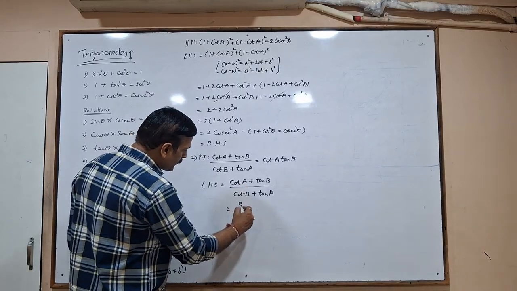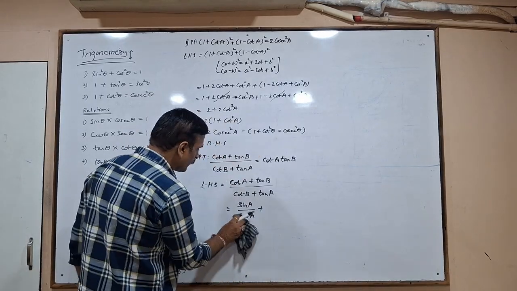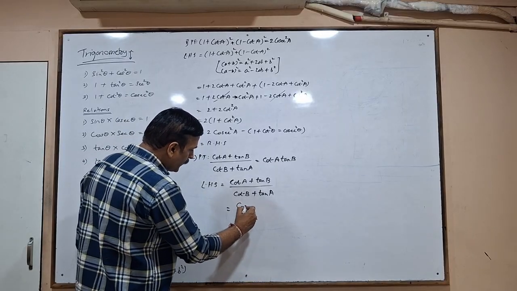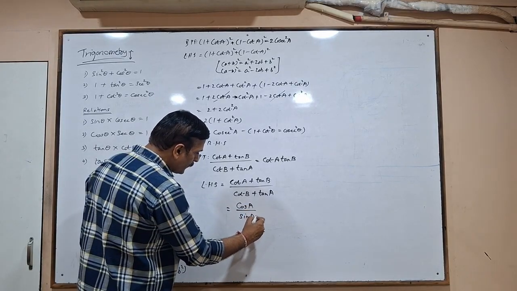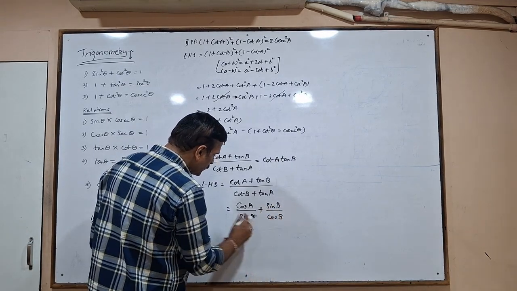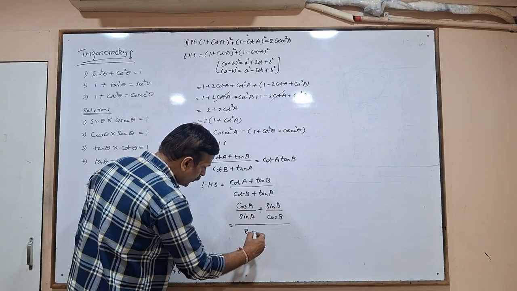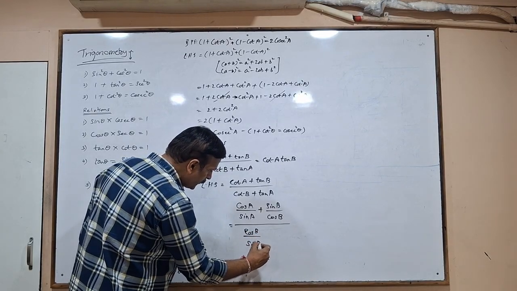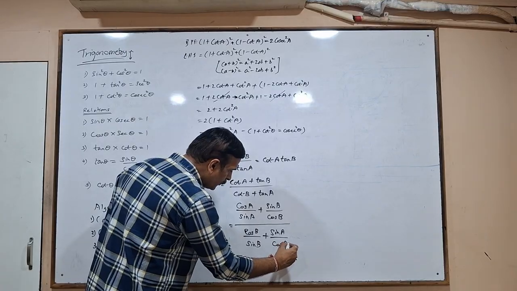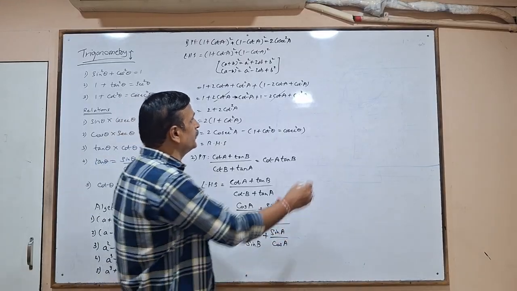So, cot A is cos A upon sin A, plus tan B is sin B upon cos B, the whole upon cot B is cos B upon sin B plus tan A, which is sin A upon cos A. Both have different denominators, so let us make the denominators same.